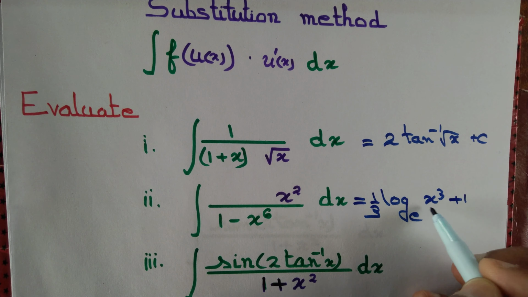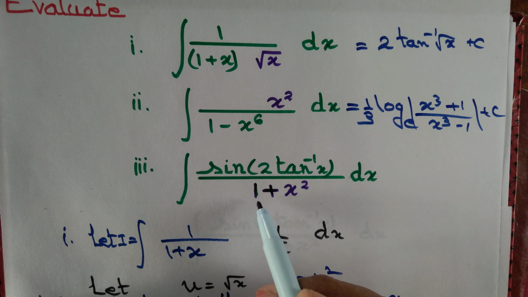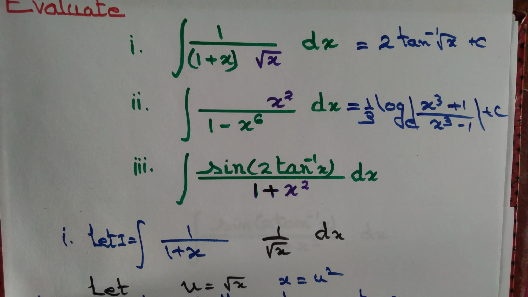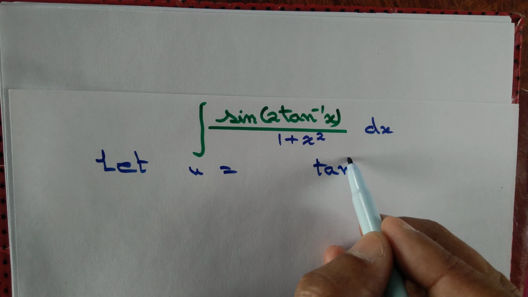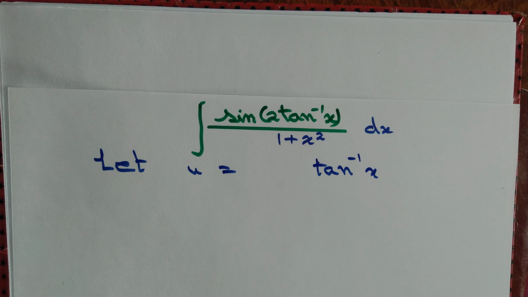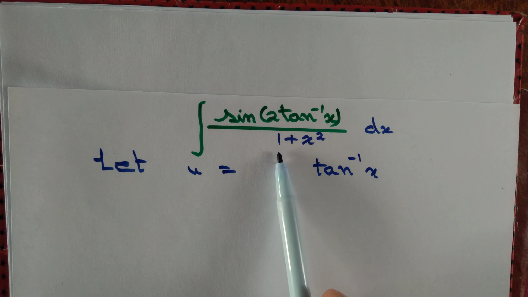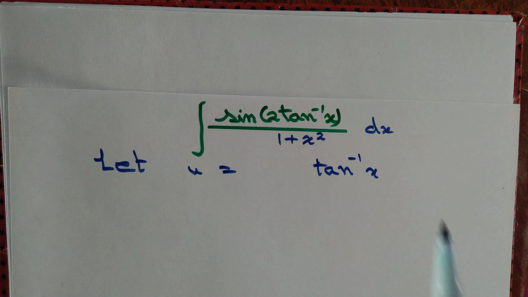Integral of sine of 2 tan inverse of x divided by 1 plus x squared dx. Let's do it. So once again we let u equal to tan inverse of x. You see that the derivative of tan inverse of x is 1 by 1 plus x squared, so we can do integration by substitution.